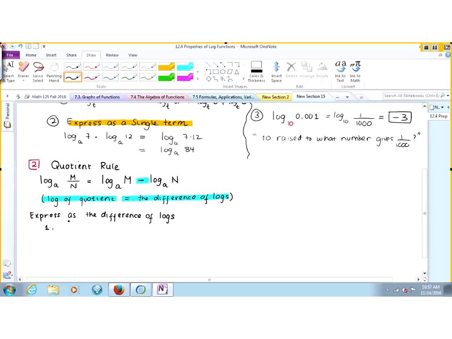Number one, log base 2 of 53 divided by 17. And number 2, log base 3 of 23 over 9. This is not hard.